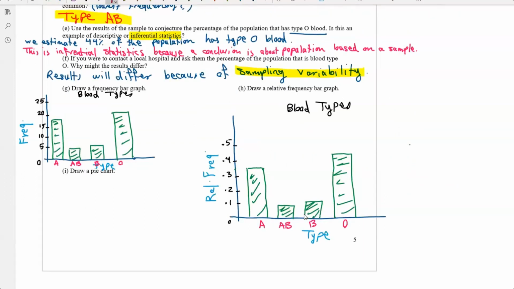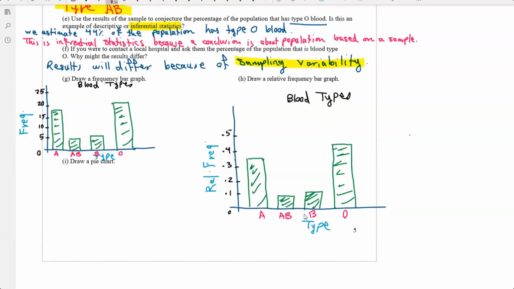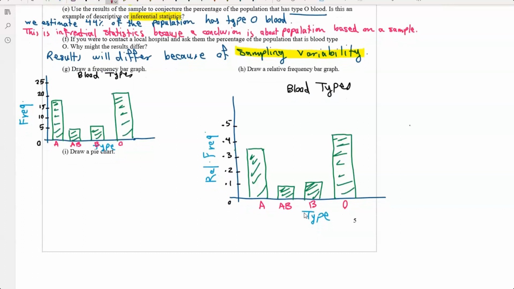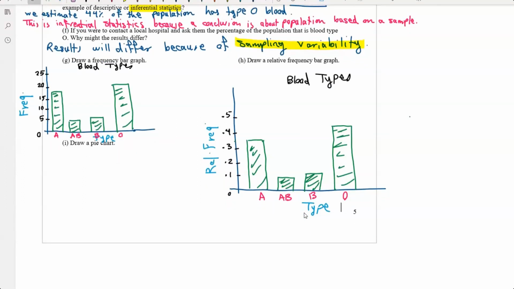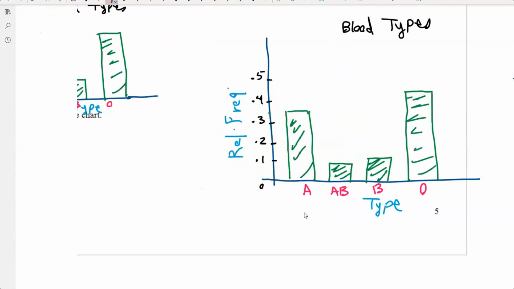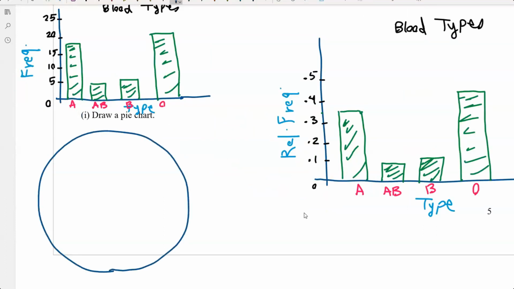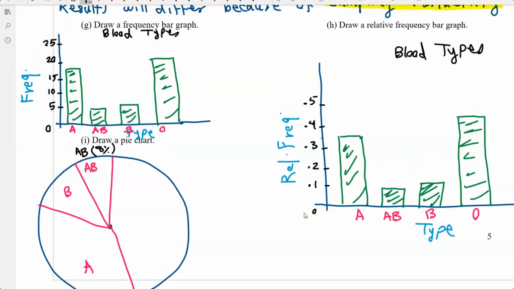Okay, so we did G, H, and I have this one, draw a pie chart. So I'm writing it that way for this one.